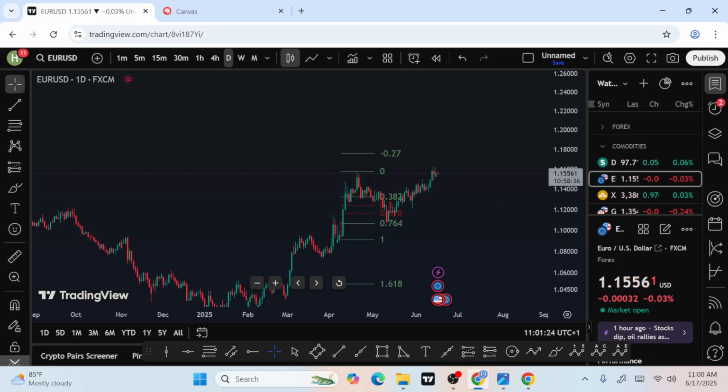Most times you get back to the zero or 0.27, and especially with gold, about 70% of the time, if gold makes a very long impulsive move, it always retraces at least 50%. If you check the characteristics of most of these currency pairs, especially gold, it always retraces back to 50% at least most of the time. It's not all the time, but most of the time.